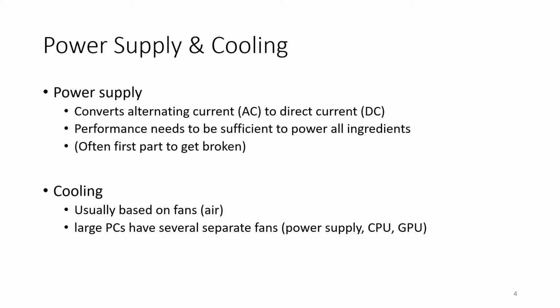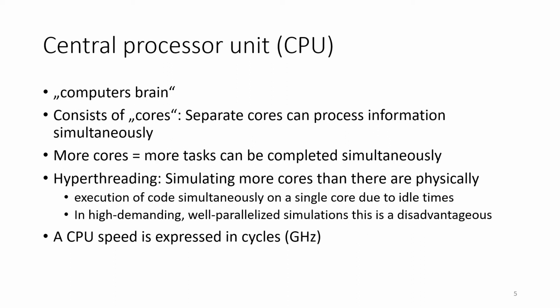The central processing unit, the CPU, we consider the computer's brain. That's where the work is done, where the calculations are performed, usually if you're not using the GPU, the graphical part. Nowadays, this CPU consists of multiple cores. Four cores is pretty much standard nowadays, and you can have up to 6 or 8 cores.